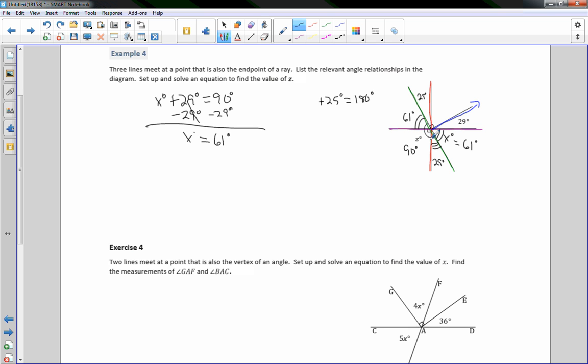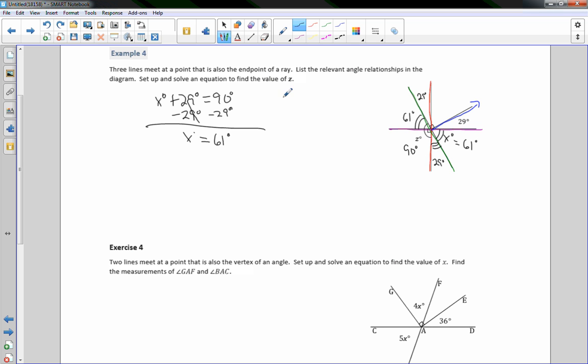Z is all of this. So if I call this 90 and this 61, Z is 90 plus 61. I do not need this. So all that information I just did is not relevant. It's good to know that you can put all this stuff together.